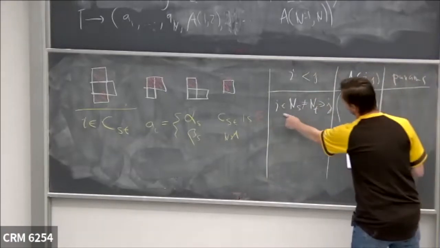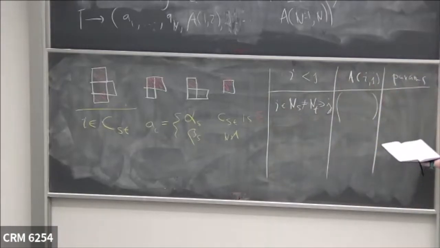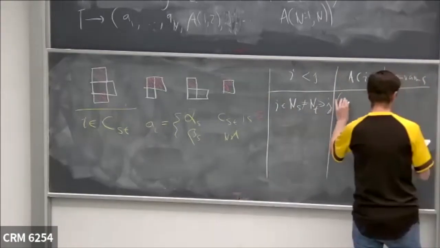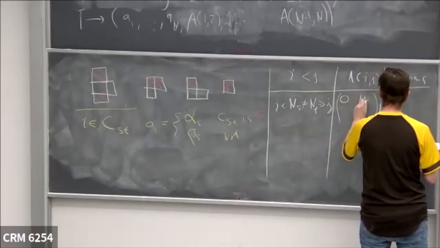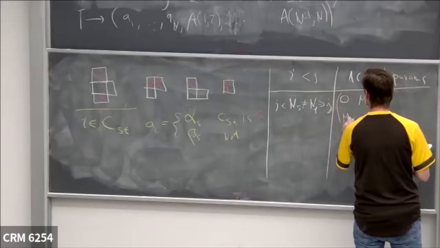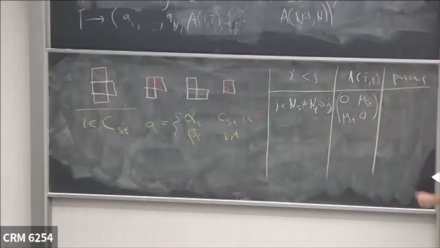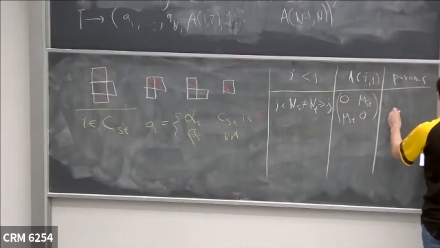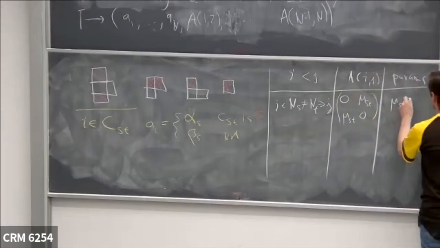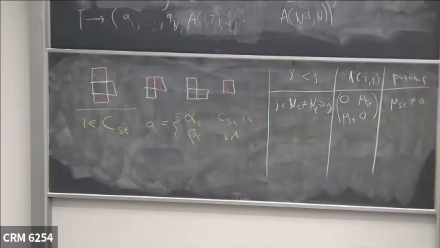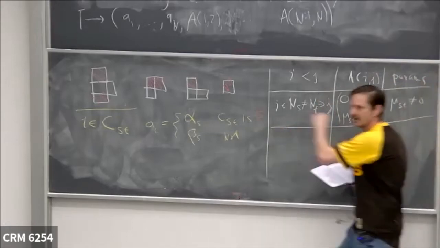This says i and j are in different nations. Then the 2x2 matrix will look like mu sub ST, mu sub ST, diagonal like this. For each pair of nations you've got a variable, and of course non-zero. Those are some parameters that show up.